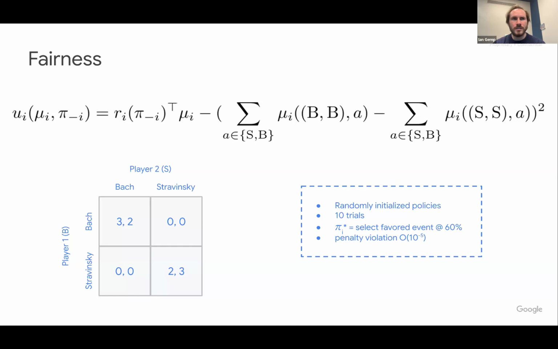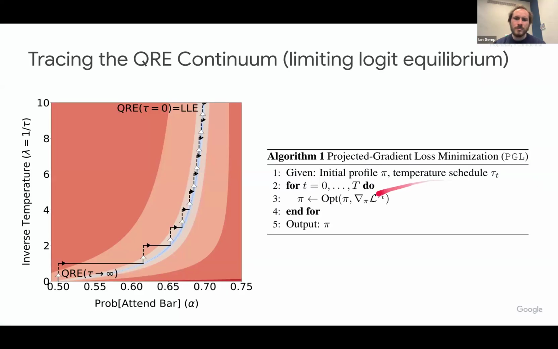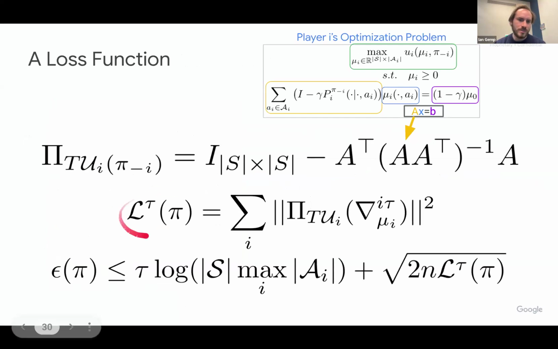There is maybe one thing worth mentioning: because we're solving for an equilibrium by minimizing this loss function, the dynamics of our algorithm are not decentralized dynamics. So a Nash that's unstable under replicator dynamics is not necessarily unstable under the dynamics of this loss function, because this is a potential.